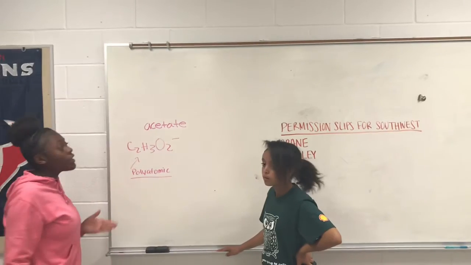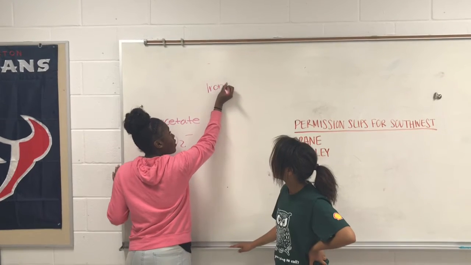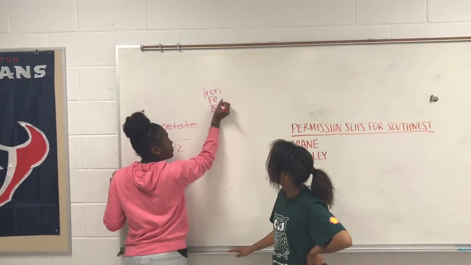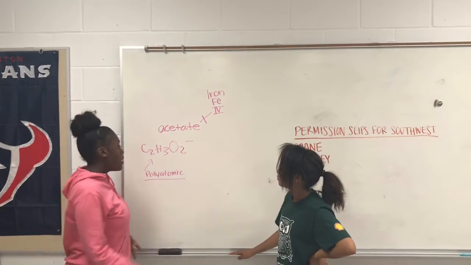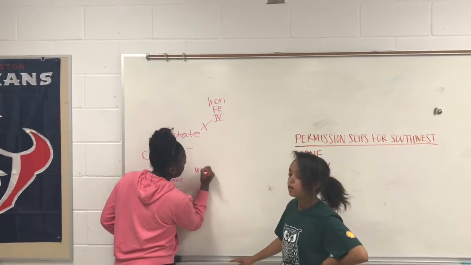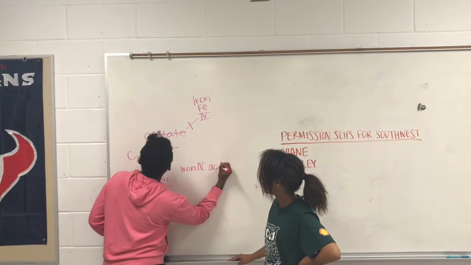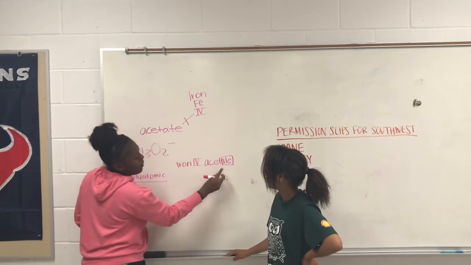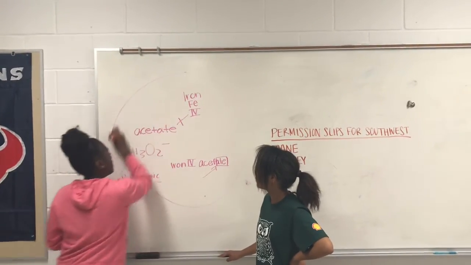Say that you added a transition metal like we talked about earlier, iron, whose symbol is Fe and has a Roman numeral like this one. So if you add these 2 together, you would make the name iron acetate. And the prefix will stay as none because it's already changed from being a polyatomic.